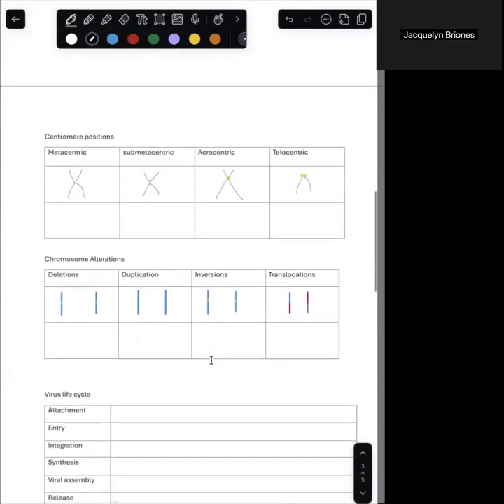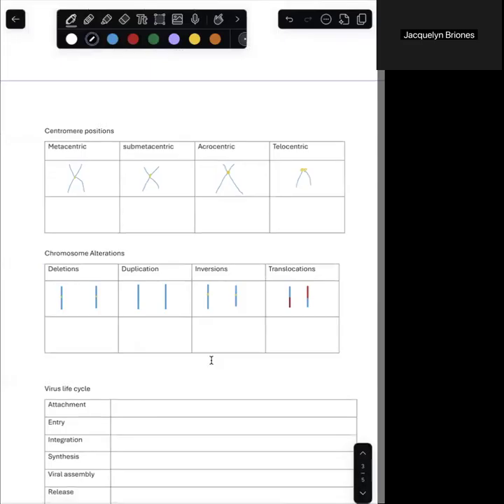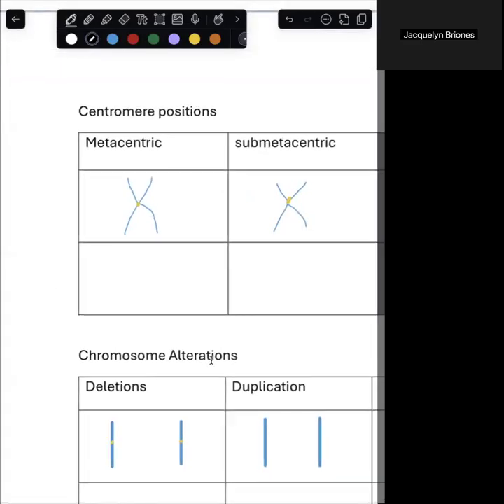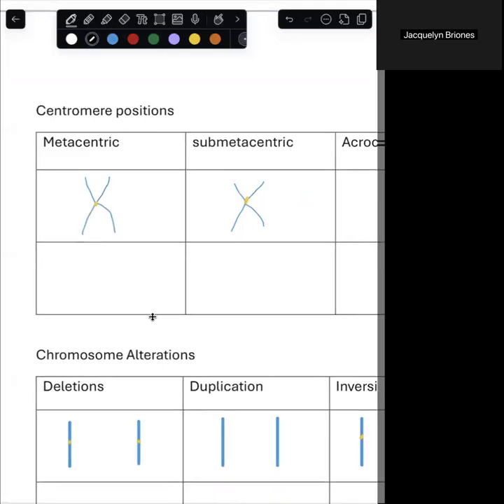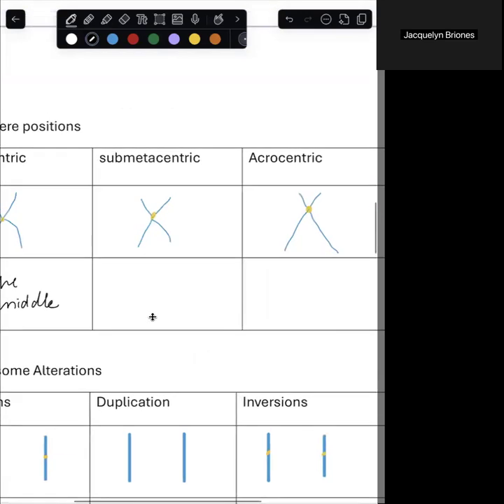Okay, now we have chromosome positions. So we have metacentric, which the centromere is in the middle. Submetacentric, which is slightly off center.